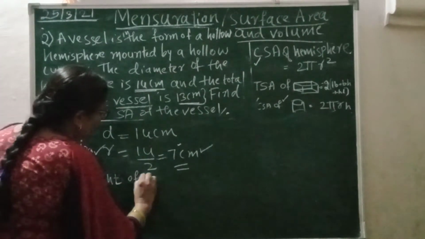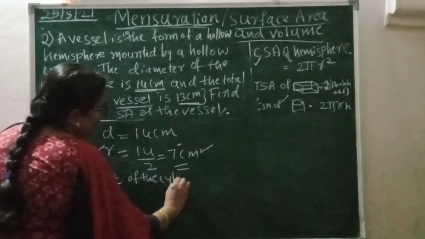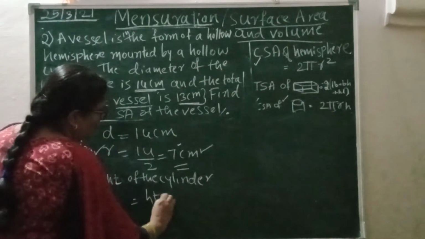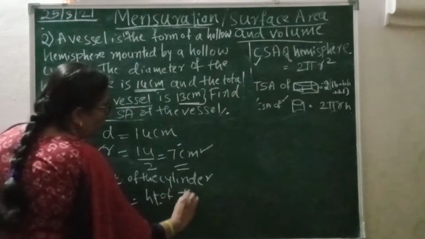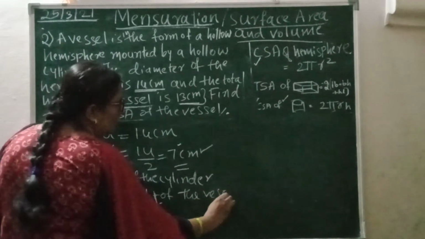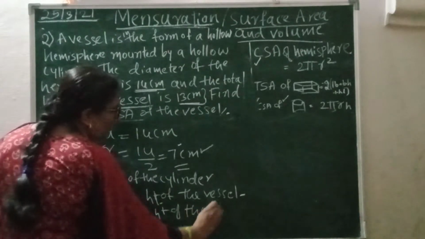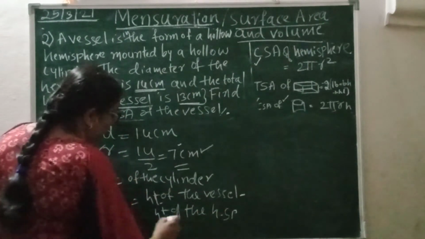Height of the cylinder. Height of the cylinder is equal to, yes, can you guess how it is? Height of the vessel minus height of the hemisphere. Very simple.